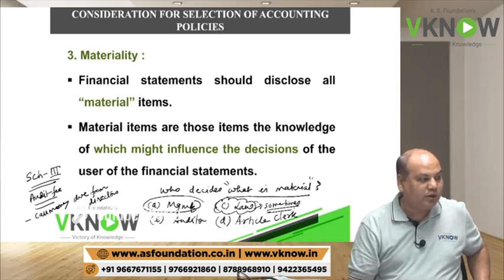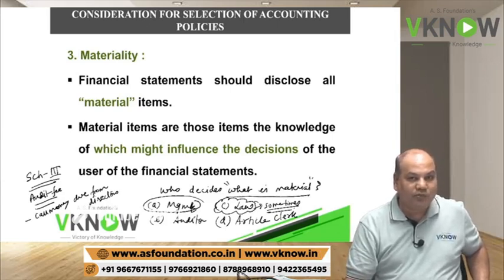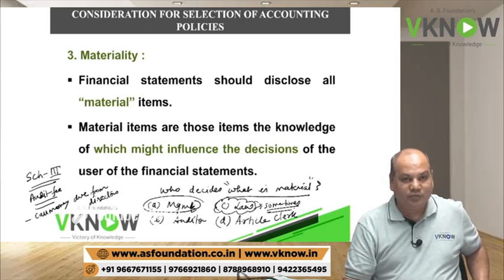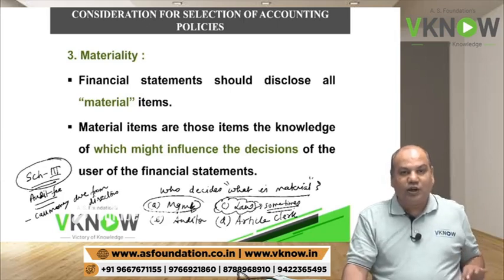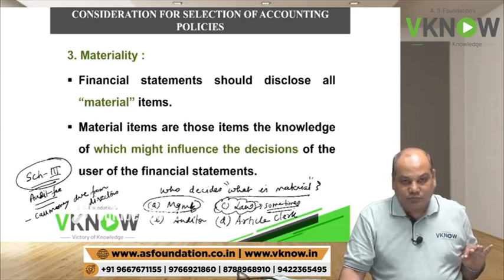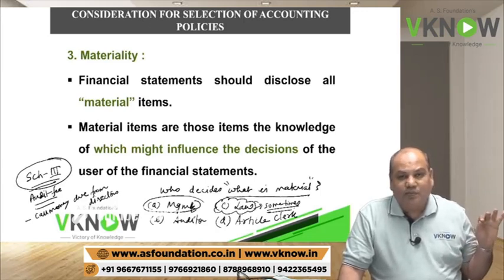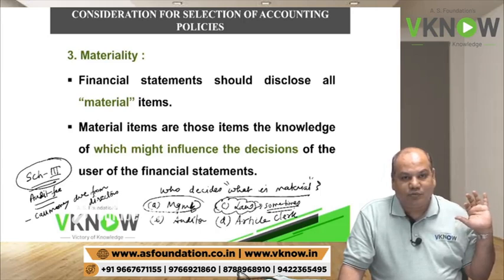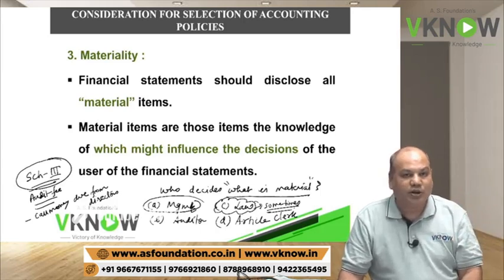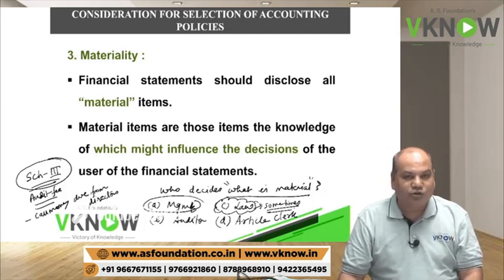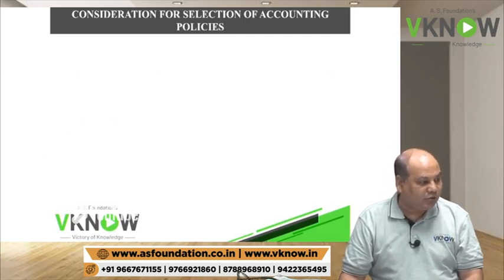So sometimes the law may define the materiality. And in Schedule 3, they have also said individual items which are some percentage of turnover or a certain amount, whichever is higher, need to be disclosed separately. So there are situations where the law also gives you materiality. So the answer is A and C.